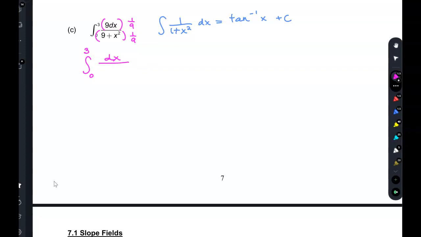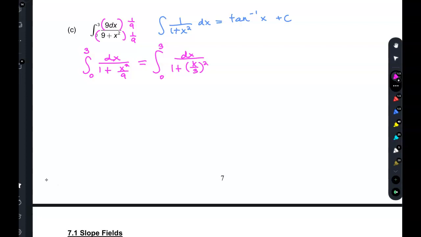In the denominator, I'll get 1 plus x squared over 9, which I can then rewrite as the integral from 0 to 3 of 1 over 1 plus x over 3 squared.